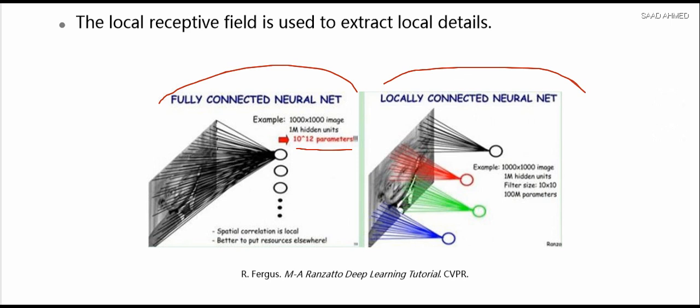But if you use a locally connected neural network, you can see different points focusing on different regions, and we have only 1 million hidden units and 100 million parameters. So this is the advantage of locally connected neural networks, which are very useful.